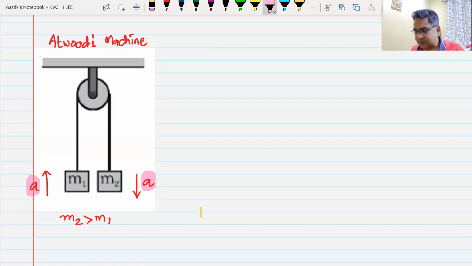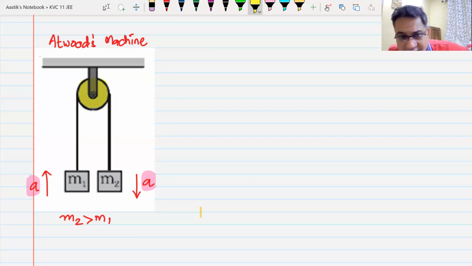Now they are moving with the same acceleration magnitude wise, but their directions are different. Direction has changed, and your pulley has changed this direction. Therefore we say that this pulley is a way to change the direction of motion. Do we understand this?